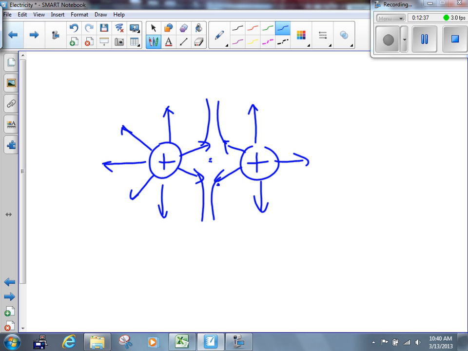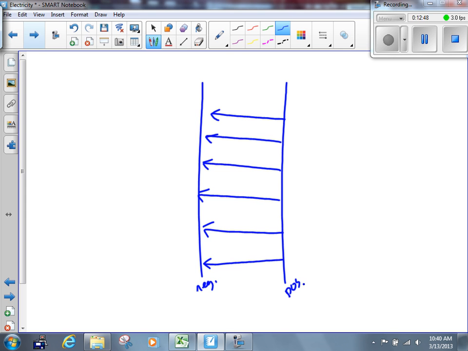Unlike this one, the strength of the electric field is stronger where the field lines are closer together and weaker where the field lines are further apart. When the field lines are parallel, it's a uniform electric field. The field here and here and here and here and here and here are exactly the same values. Yes, only in between the two.